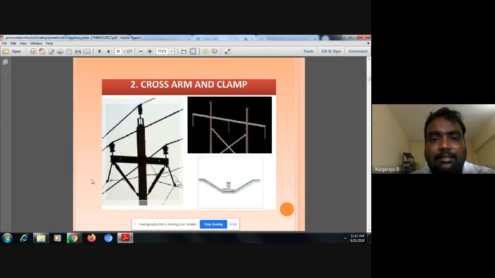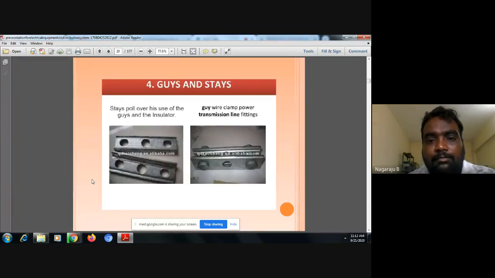Towers, and cross arms and clamps like here, to have the support. What I have explained previously, I am going to convey about each and every word in this class. Guys and stays.